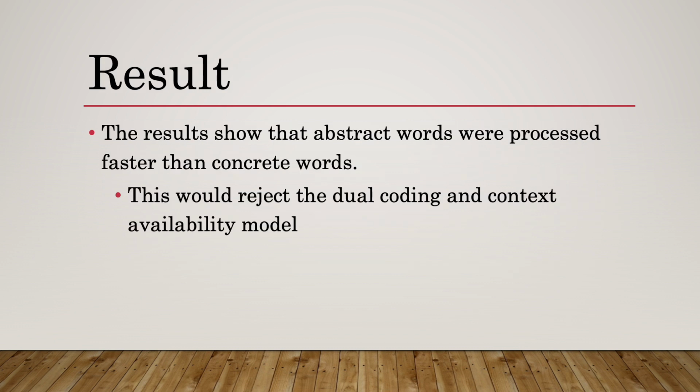The result from experiment 1 shows that abstract words were processed faster than concrete words. This would reject the dual coding and the context availability model.